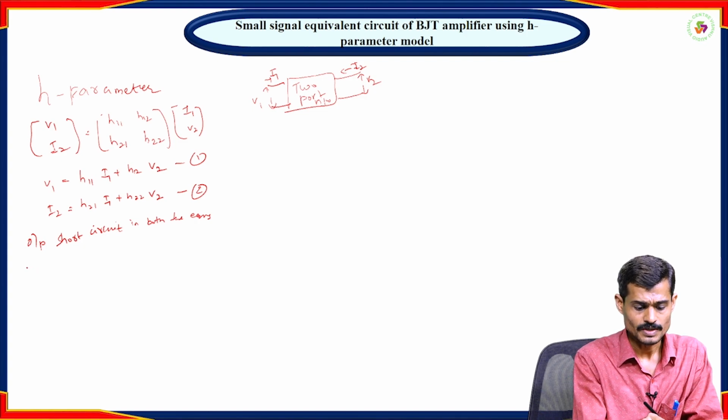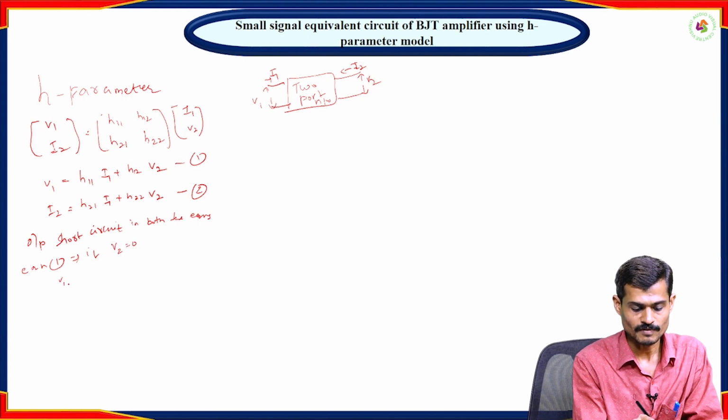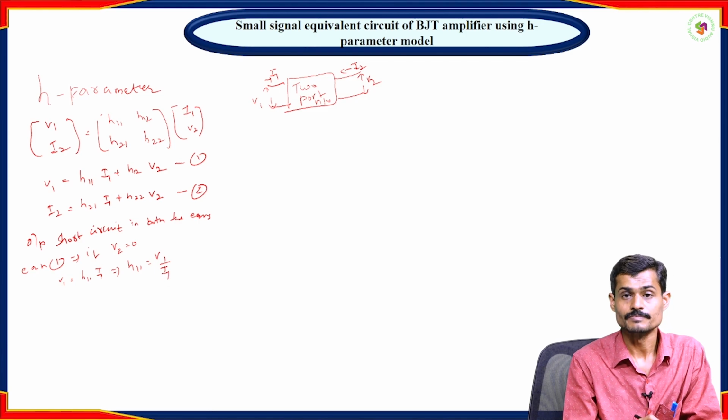In equation 1, if the output is short circuited, means V2 equals 0, then I will get V1 equals H11 into I1. From this I will get H11 equals V1 by I1.